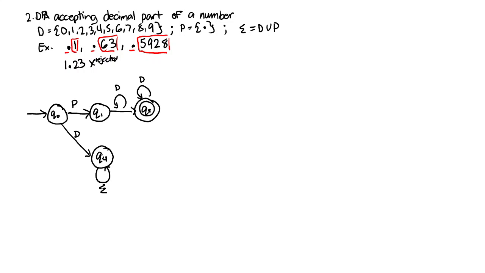Next, Q1. What if we are in Q1 and then we read a D? So we go to Q2, right? However, we also have to provide a transition for the symbol dot or period. So where do we go?